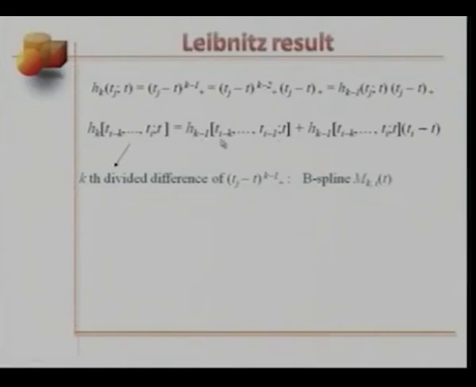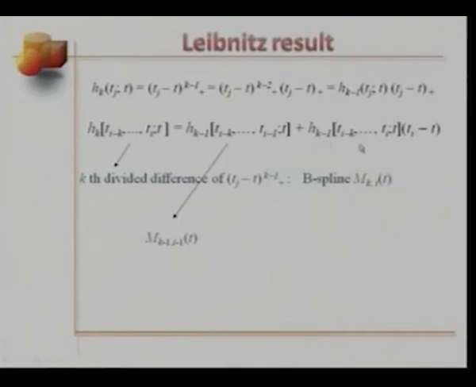This is the k minus 1th divided difference of truncated power function of order k minus 1. By a similar logic, this would be m sub k minus 1 sub i minus 1 of t. k minus 1 is the order of this basis spline, and i minus 1 is the last knot of this spline.